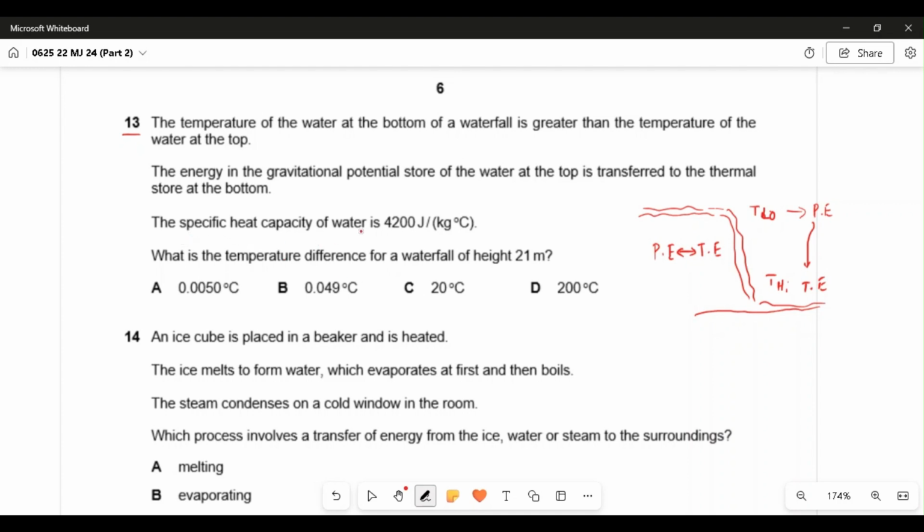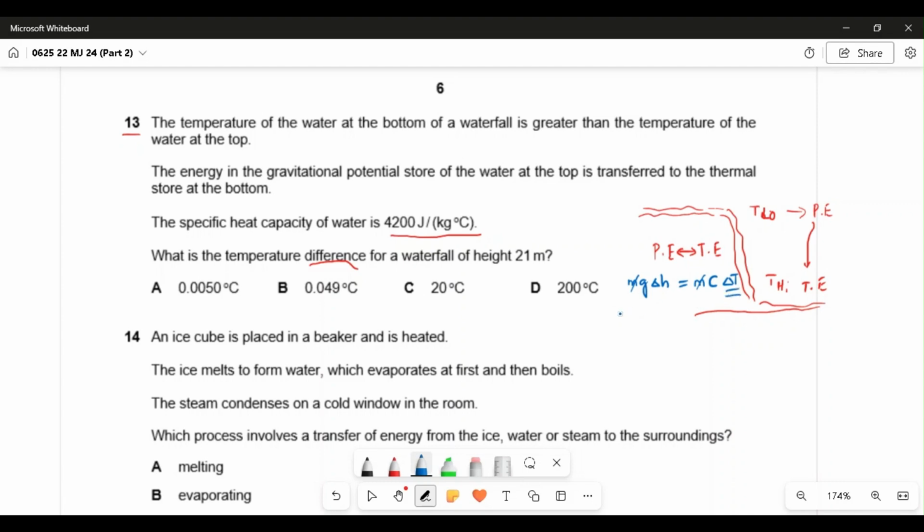The specific heat capacity is 4200 joule per kilogram per Celsius. What is the temperature difference for the waterfall? So we need to start with the first thing. The equation for the potential energy, we know, is mg delta h, whereas thermal energy is mc delta T. Here the mass of the water is constant, it cancels. We are going to find the change in temperature.